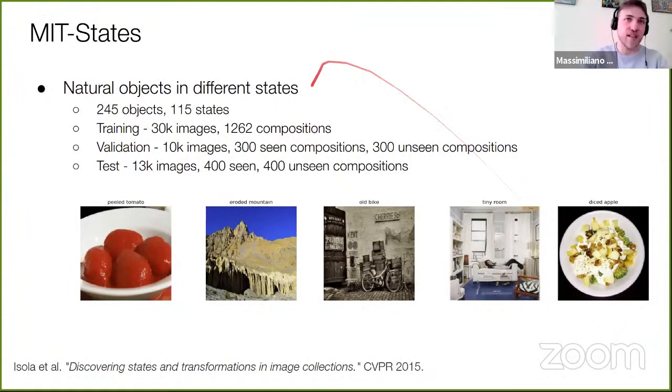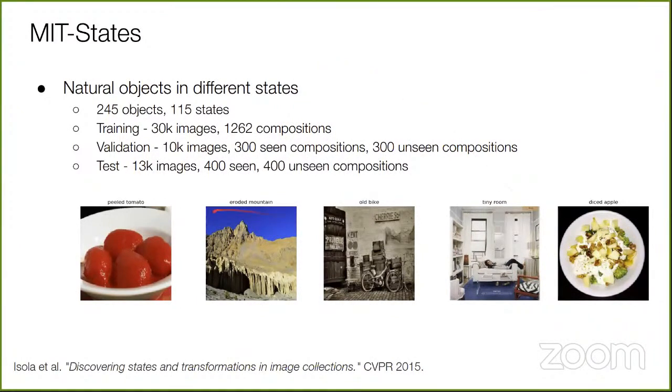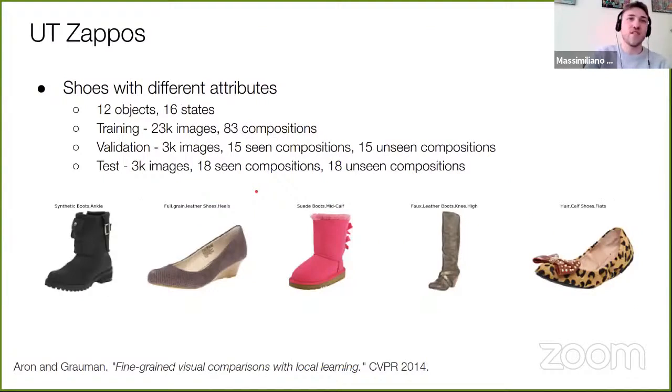At test time, you will be classifying both seen compositions, in this case 400 seen pairs, and 400 unseen compositions. So it's really challenging. Another dataset is UT Zappos, and here you have 12 objects, which are shoes, and 16 states, which are mostly related to the type of shoe.